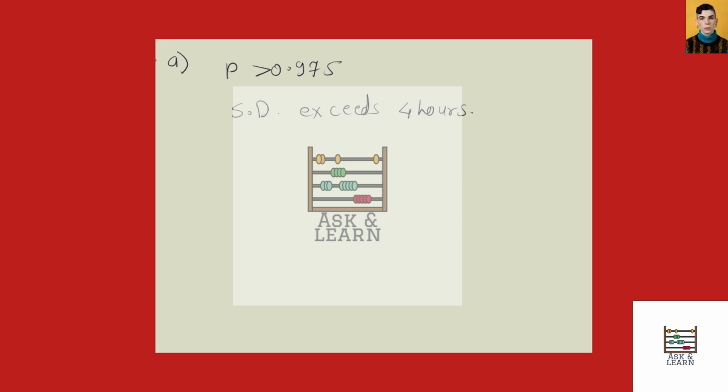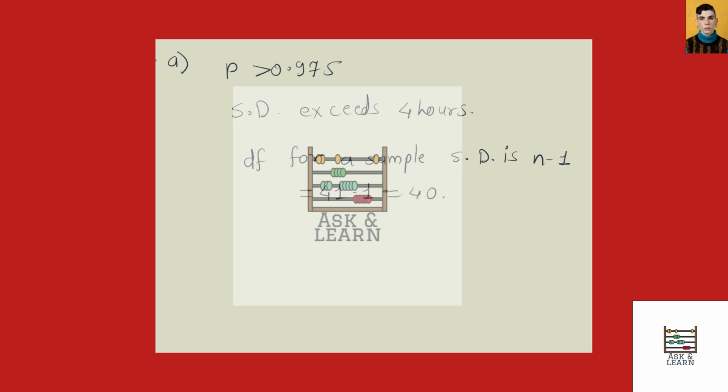So the degrees of freedom for a sample standard deviation is n minus 1, which equals 41 minus 1 equals 40.